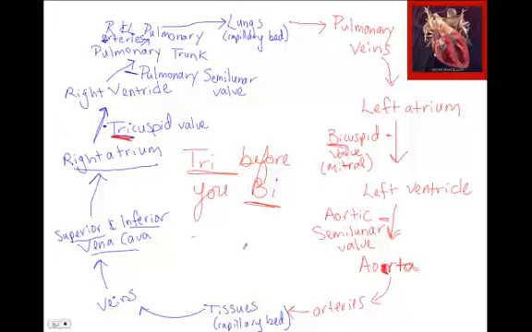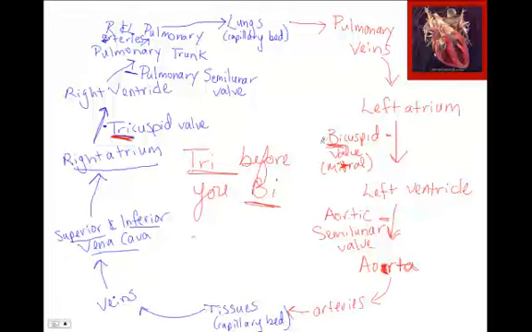And the bicuspid valve is also called the mitral valve because they thought it looked like a bishop's mitre, because it's got these two cusps. So that's why it's called the mitral valve. Hopefully that will help you remember that it looks like the mitre of a bishop, because it just has these two cusps.